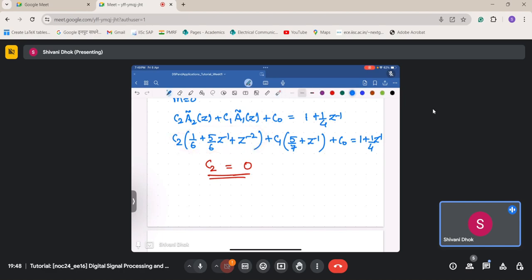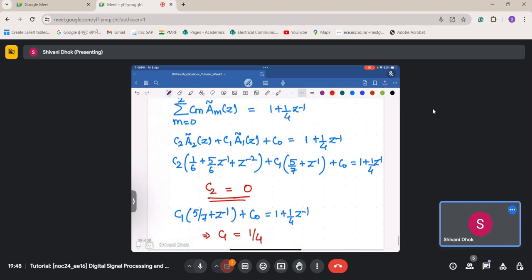So c2 is 0, and after subtracting I get c1 into 5 by 7 plus z inverse plus c0 equal to 1 plus 1 by 4 z inverse. Again we compare the coefficients of highest degree. The highest degree is 1 and the coefficients are c1 and 1 by 4, which means c1 is equal to 1 by 4.